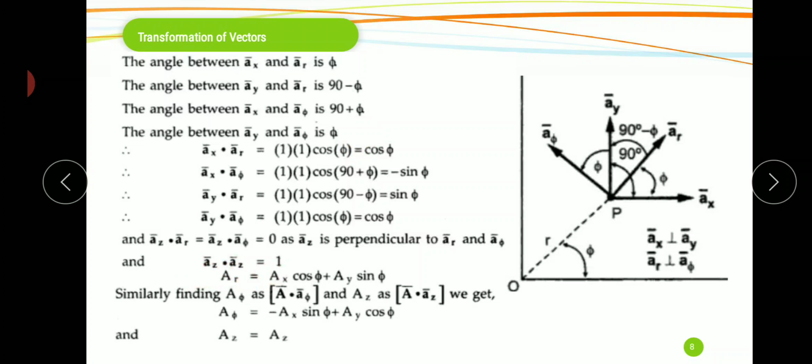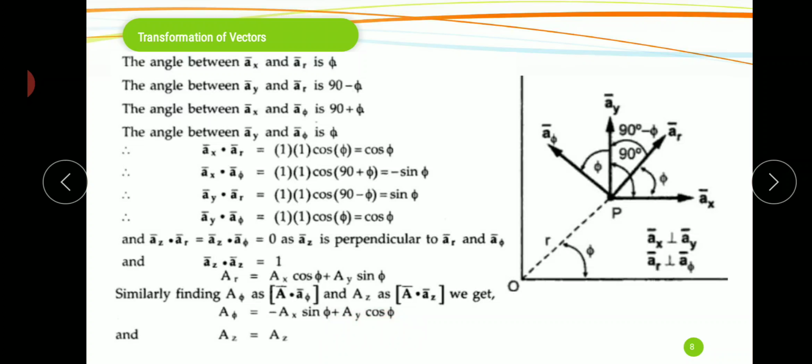And this is the AR bar vector in terms of x and y. We can write it as ax cos phi plus ay sin phi. Similarly, we have to find the values of a phi and az. Now this is the formula for a phi.